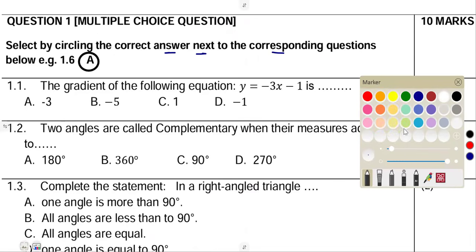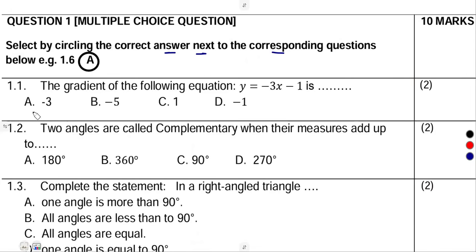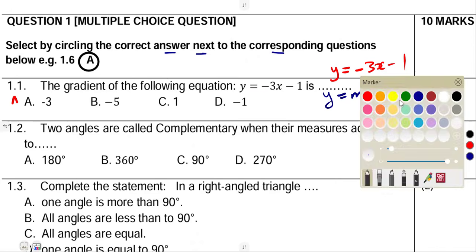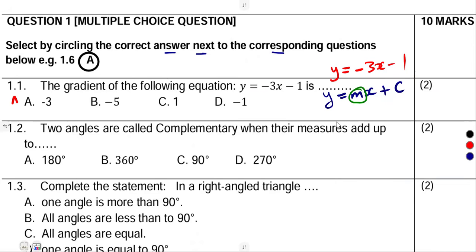Let us see our questions that we are given. 1.1, the gradient of the following equation is the equation given as y is equal to minus 3x minus 1. What is the gradient? Remember, if I write my equation in the form y is equal to mx plus c, m represents the gradient.